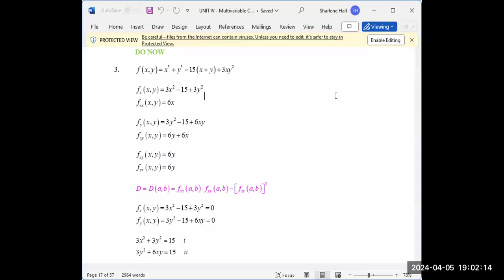Make sure that those 6 calculations are done properly. Then the next thing you're going to be doing is using your first order partial derivatives to solve simultaneously. So that's what they did.